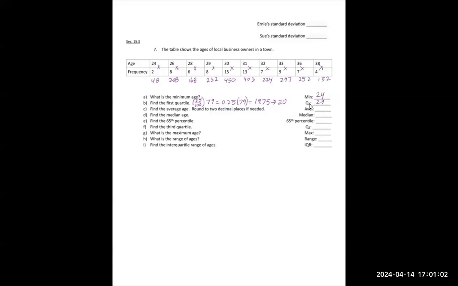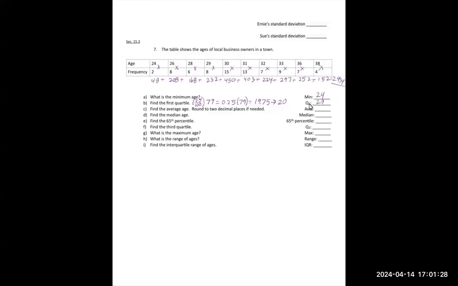And now we have to add these all together. The number I got when I added them together was 2,434. And now I have to divide by the number of people who responded in this survey, the number of people whose ages we just added up.